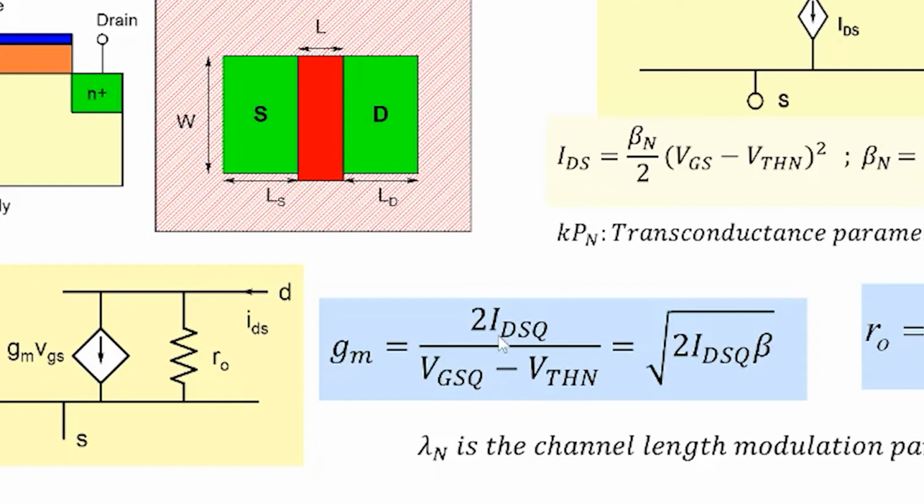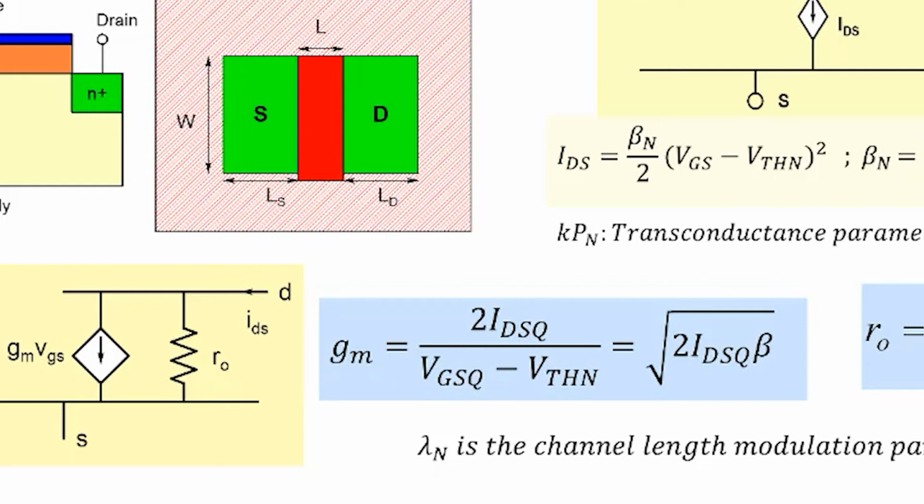So the value of gm depends on the bias point, or the quiescent point: the DC current flowing through the MOSFET and the DC voltage VGS across it. That's why we can only do small signal or AC analysis of the circuit after we have done a DC analysis. We have to do a DC analysis to figure out what IDSQ and VGSQ are. Then we can determine gm.